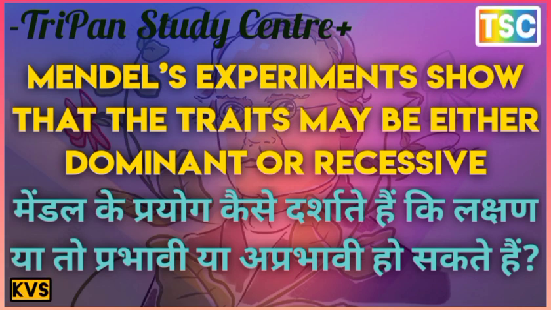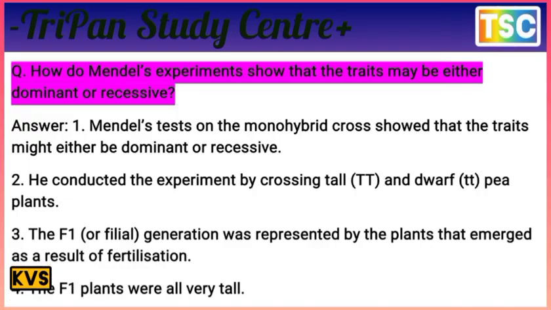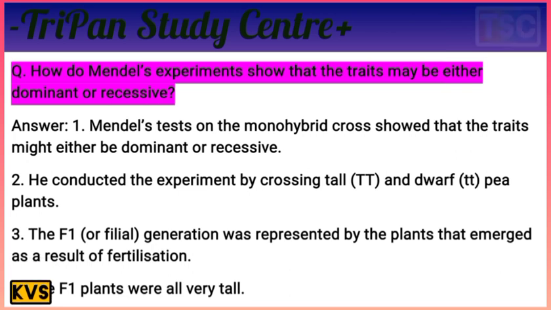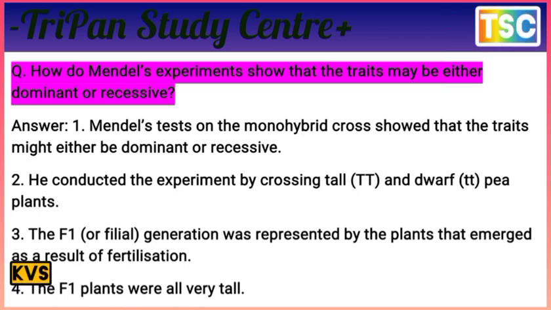How do Mendel's experiments show that traits may be either dominant or recessive? That's an important question for the exam. Mendel's monohybrid cross showed that a trait might be either dominant or recessive.